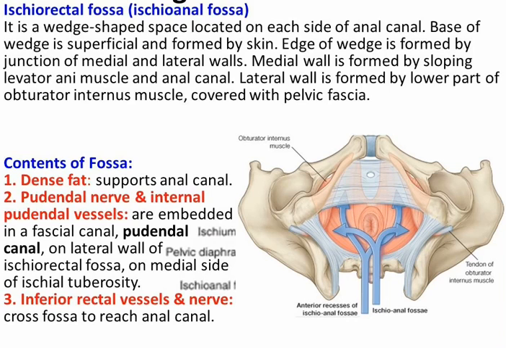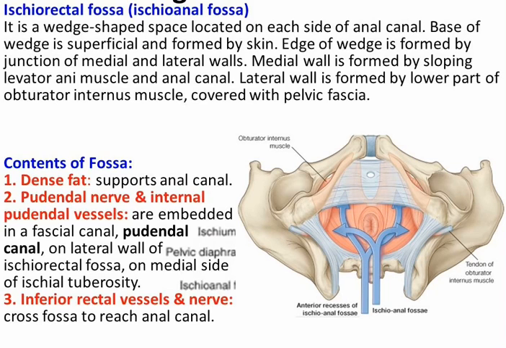Anal triangle, ischiorectal fossa. The ischiorectal fossa, or ischioanal fossa, is a wedge-shaped space located on each side of the anal canal. The base of the wedge is superficial and formed by skin. The edge of the wedge is formed by the junction of the medial and lateral walls. The medial wall is formed by the sloping levator muscle and anal canal. The lateral wall is formed by the lower part of the obturator internus muscle, covered with pelvic fascia.